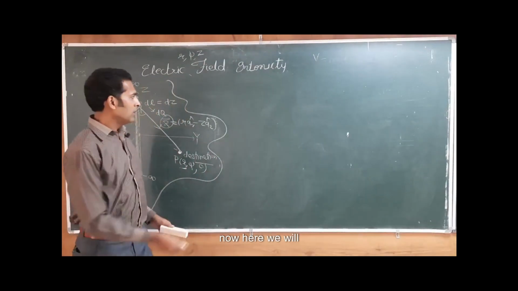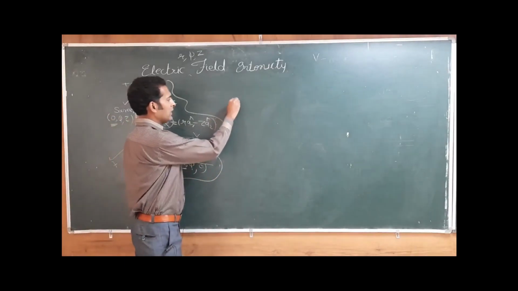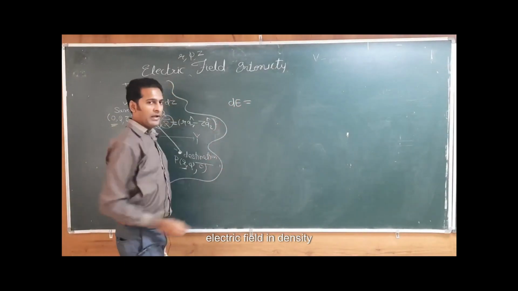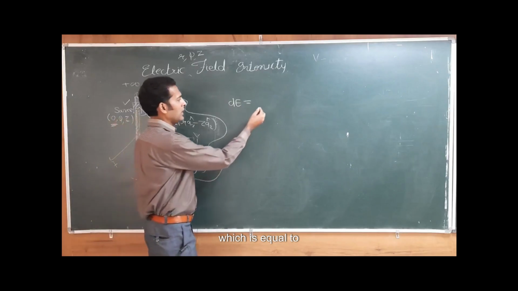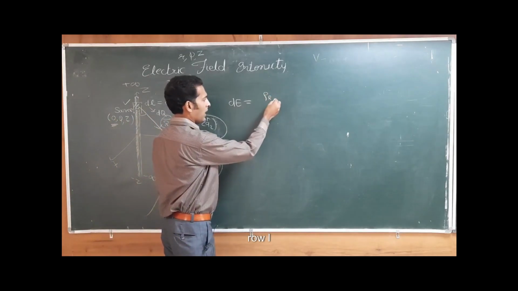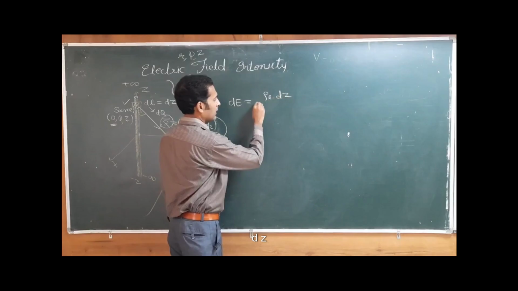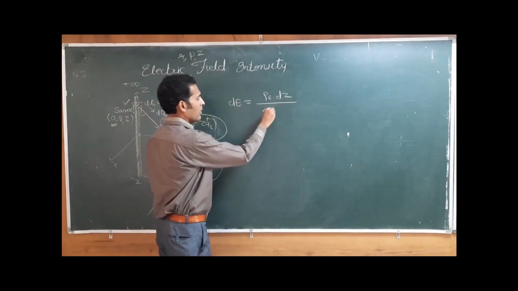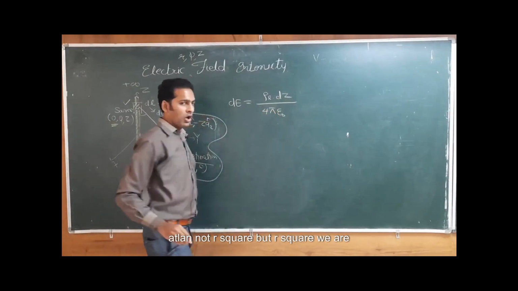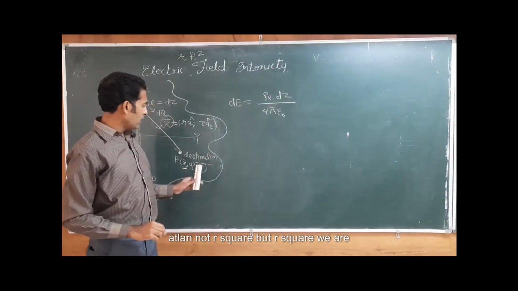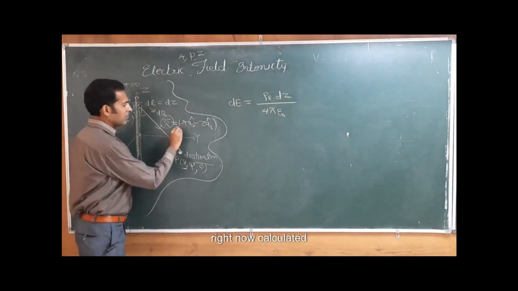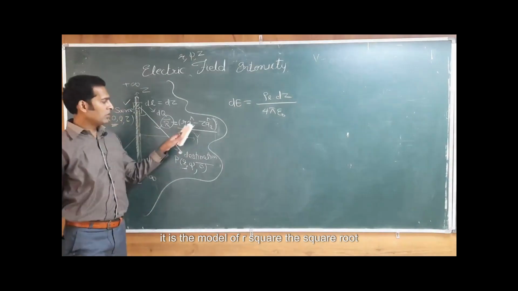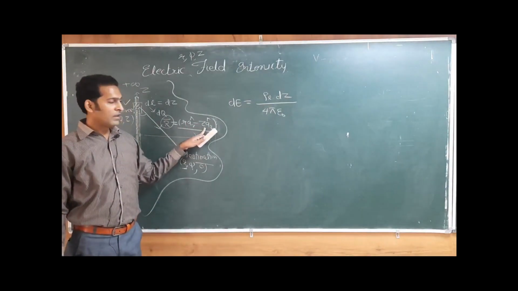Now here we will take the value of differential electric field intensity, which is equal to rho L dz by 4 pi epsilon naught r square. But r square we have right now calculated, the mod of r is square root of r square plus z square.